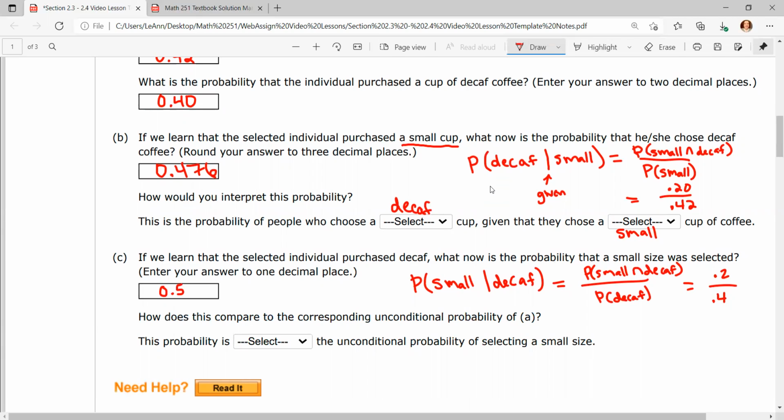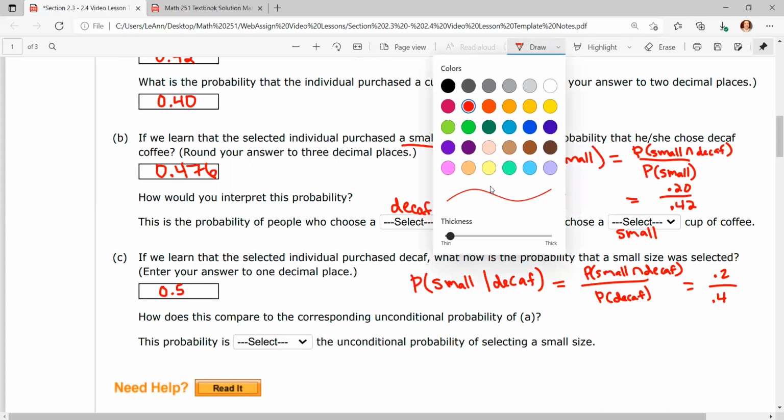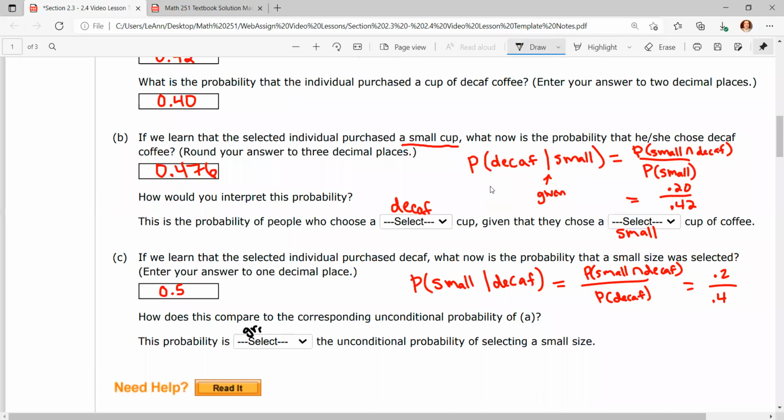If we want to talk about this, the probability is greater than the unconditional probability of selecting just a small, because that was in the 0.42 range, I believe. Yeah, 0.42 was for small. So if we already know that we have a decaf in our hand, we're actually more likely for it to be a small cup than when we just said we don't know anything about it. So this is greater than.